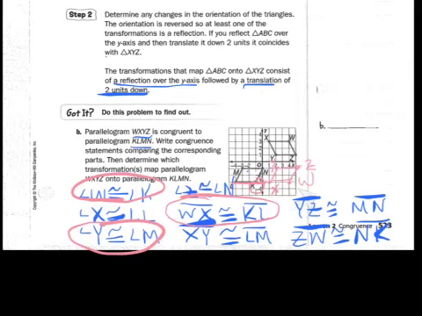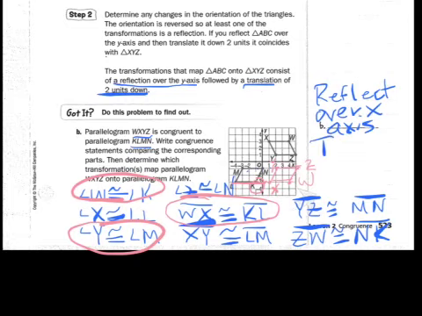So this was a reflection over the x-axis, and a translation 5 units left.